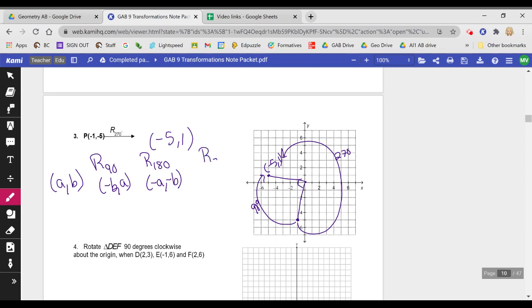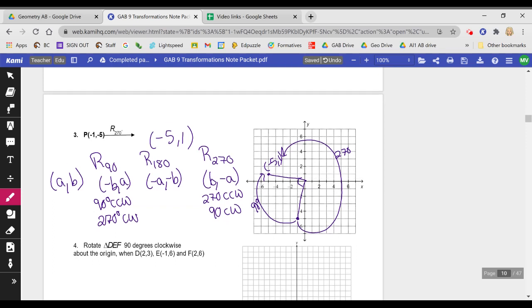And rotating 270, that's B, -A. Now, this is 90 degrees counterclockwise, which is the same as 270 clockwise. And this is 270 counterclockwise, which is the same as 90 clockwise.